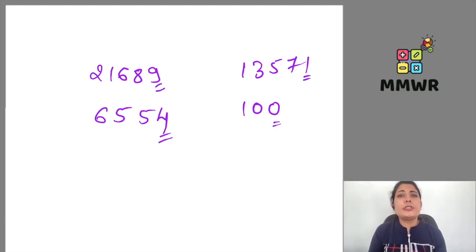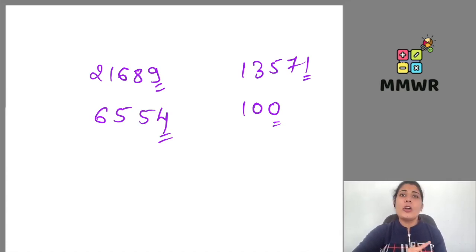And according to the unit digit, 0 is allowed to be there in the perfect square. 1 is also allowed. 4 is also allowed. 5 is also allowed. 6 is also allowed. 9 is also allowed. Only 2, 3, 7, 8, these 4 digits are not allowed. And nowhere do we have 2, 3, 7, 8 at the end. That means these options are not helping us to check whether the given number is the perfect square or not.